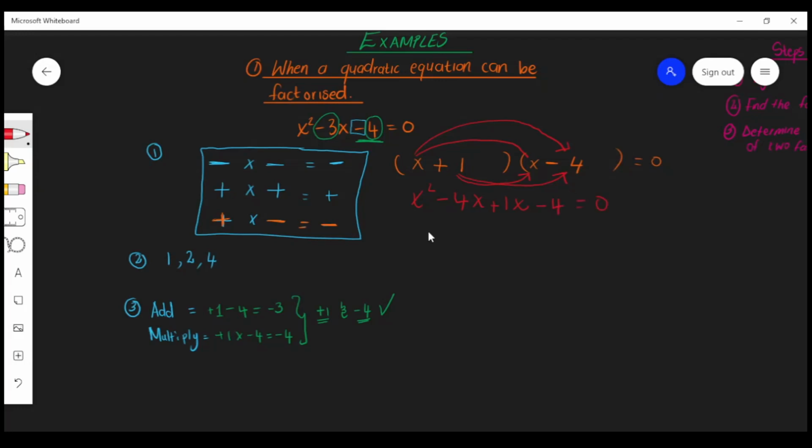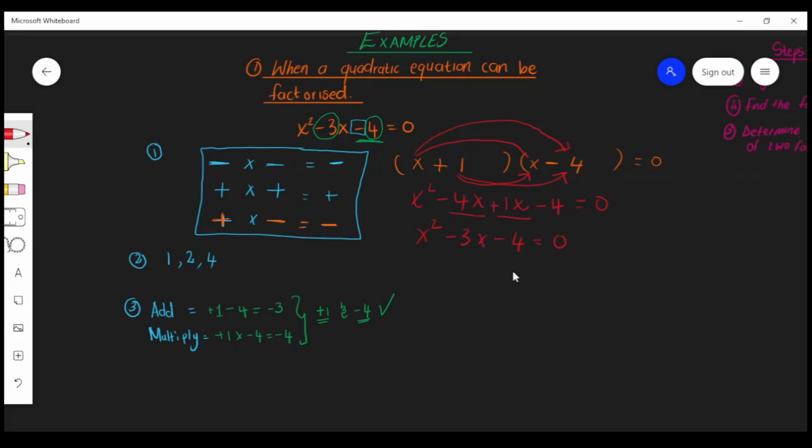If you simplify this equation, you'll have x squared minus 4x plus x, which is minus 3x minus 4, which is equal to 0.